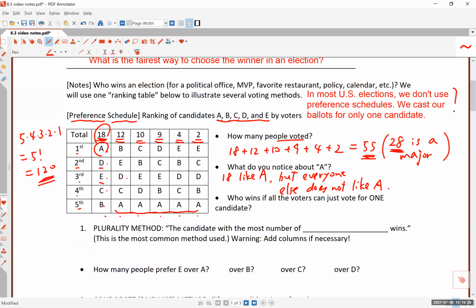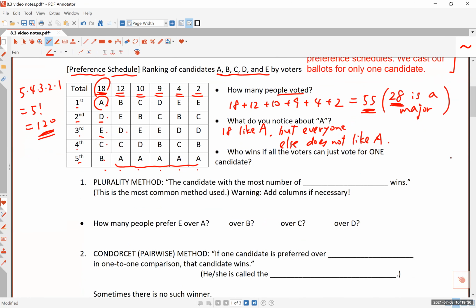So who wins if all the voters just cast their ballot for one candidate, right? Remember, that's what we do in the United States in most of the elections, not all. And more recently, you have many states using other methods, such as the ones that we will see later. But if everybody simply writes one name, the name of their first candidate, who is going to win? That method is called the plurality method.